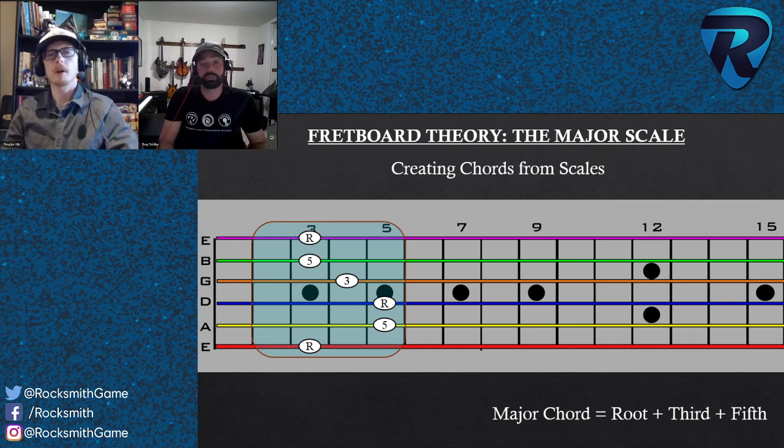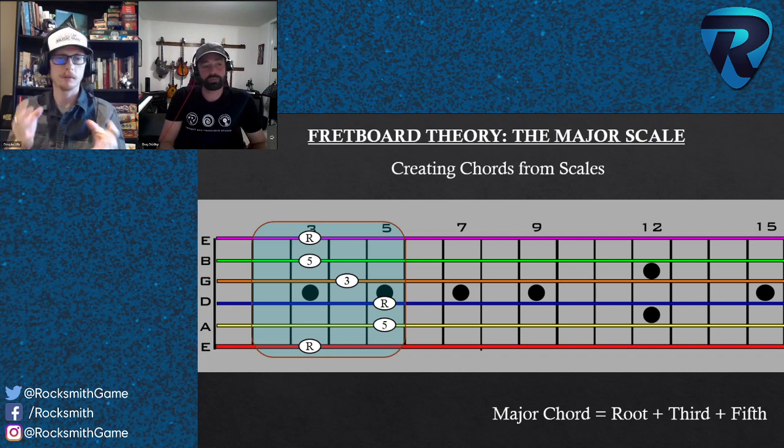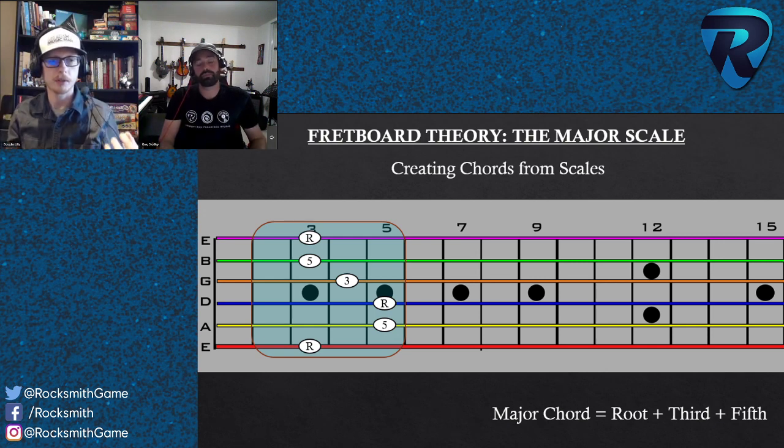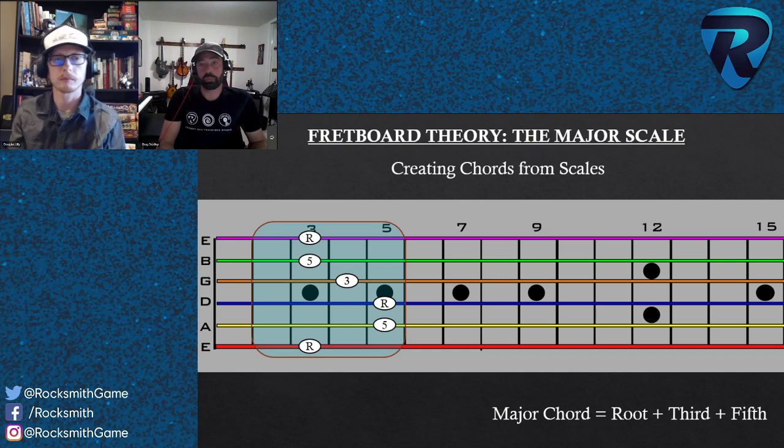So how important is getting to know, as far as the weight of importance, in your opinion, Greg, the shapes of these scales or the intervals that make up the scales? Depends what your end goal is. If your end goal is, I want to play lots of songs, then it doesn't really matter.